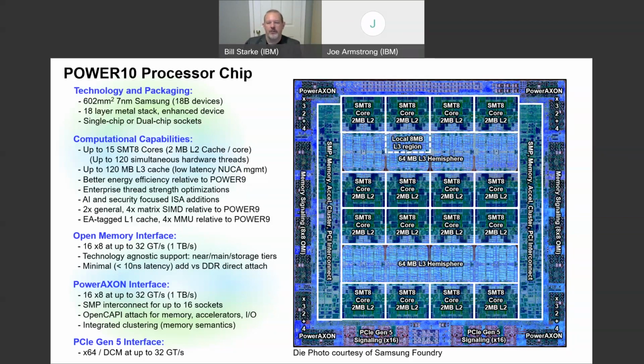Now you may ask, there's not a whole lot of Gen 5 stuff out there yet, but we want durability here, so that with your investment in Power10, you'll be investing in the future. As I/O evolves and more Gen 5 content proliferates, you'll be able to use that with your Power10 server. So that's a high-level overview and a visual of the chip itself.